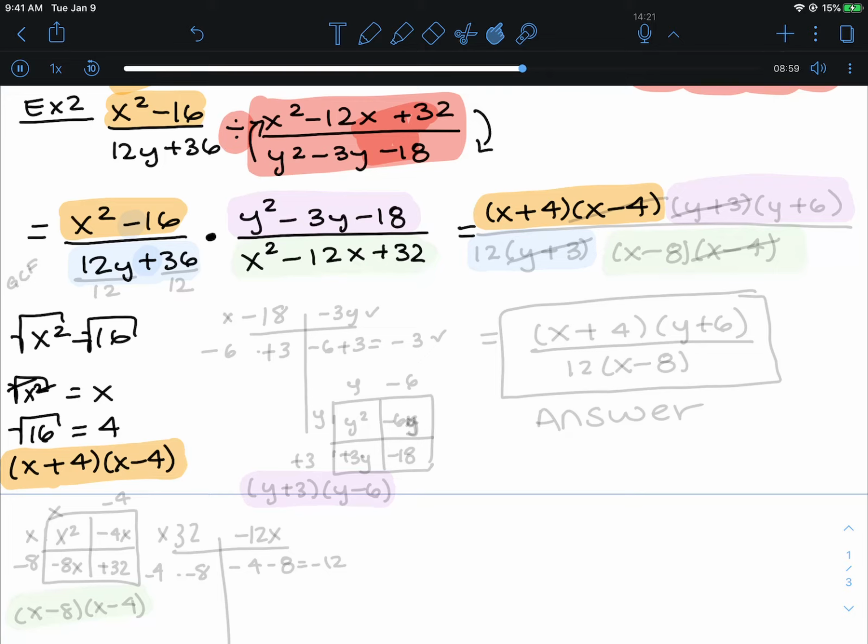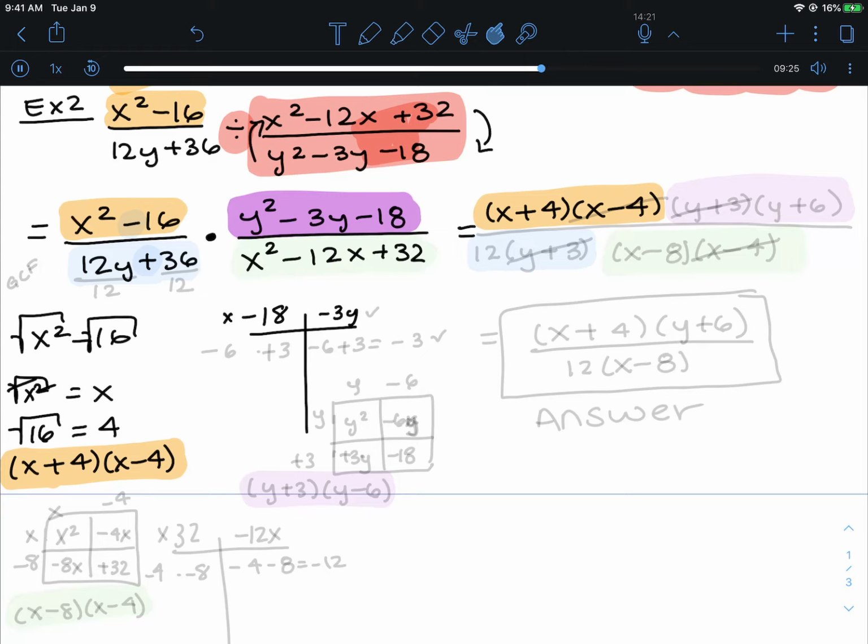So now I'm going to do the other numerator, which is this one right here. Okay? So I'm going to do the box method. Or you can literally just do, okay, what multiplies to negative 18 but adds to negative 3y.